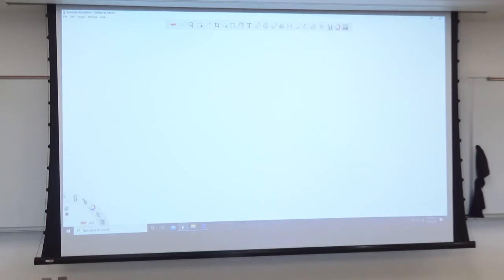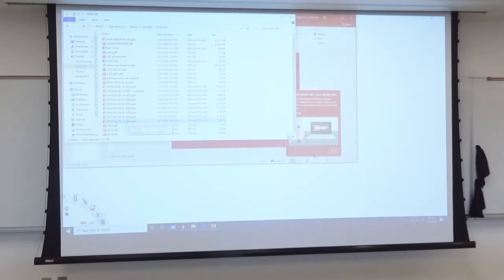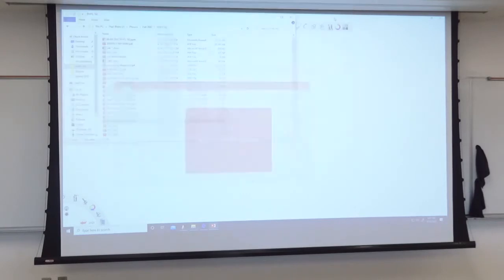So we were talking about interference, and we talked about the double slit experiment and diffraction grating. So today we will talk about the single slit, where you only have one slit.